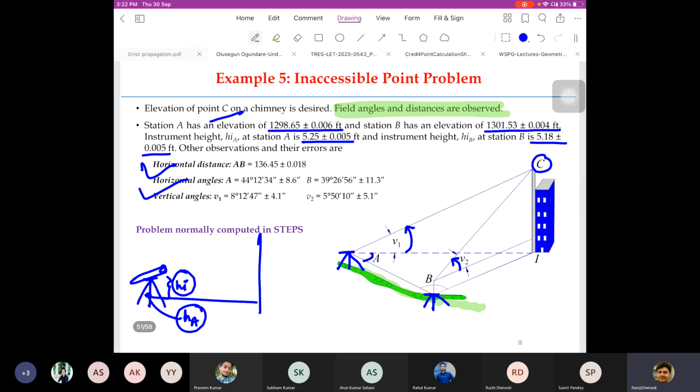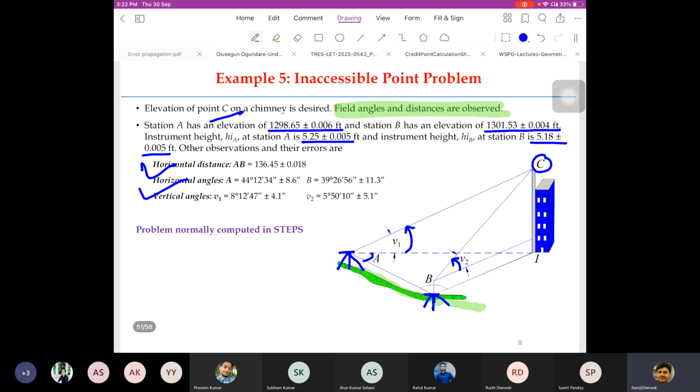This is what I'm trying to say. Just consider you are sitting at a table: you need to know the ground height, plus the difference from ground to table height, and then from the table you are measuring something. So there are three steps involved.